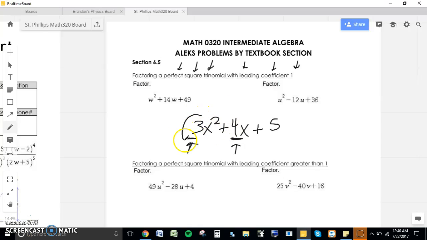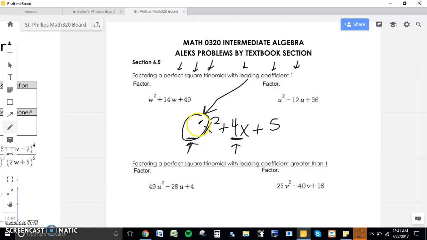And we said that this guy is in charge, he's in the lead. So this is your leading coefficient, would be a 3 in this case, right? If this was a 5, your leading coefficient would be a 5. It doesn't matter what this is or what this is, it's only controlled by the biggest power, right? And it's the number that's in front of that biggest power that is your leading coefficient.